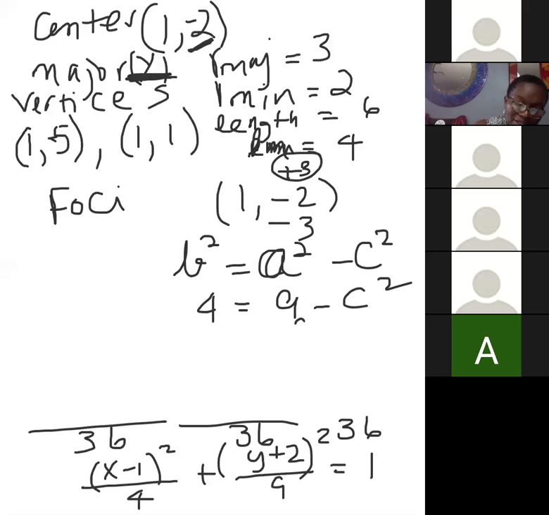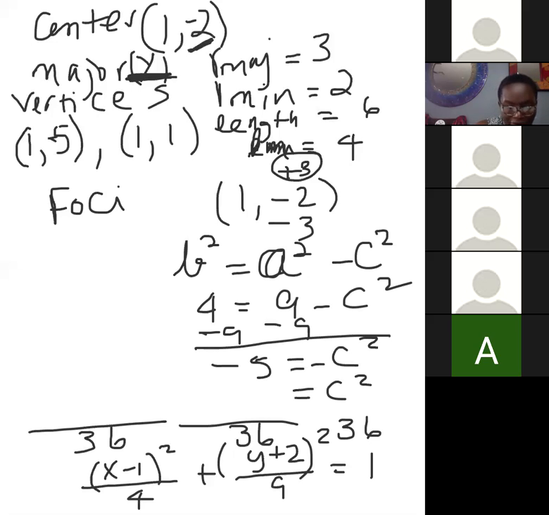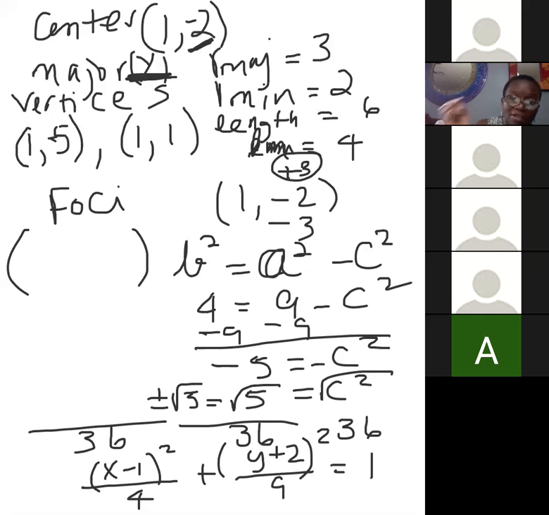So we subtract 9 from both sides, we get -5 is equal to -c squared. So c squared is equal to 5. Now, we're going to take the square root of both sides. So we get plus or minus the square root of 5. So, guys, be careful with this because remember, the foci, they're located off the center on the major axis.